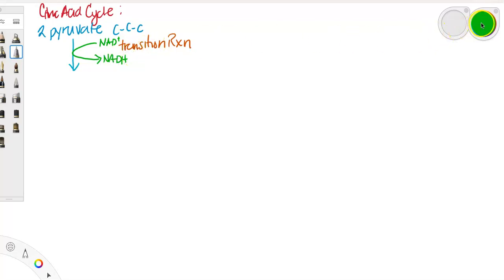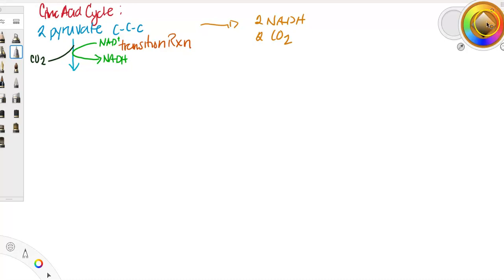Okay, we got rid of that carbon, so that went away as carbon dioxide. Okay, so we have 2 pyruvate, so we end up with 2 NADHs and 2 carbon dioxides.